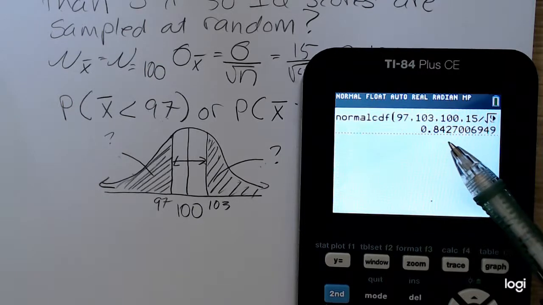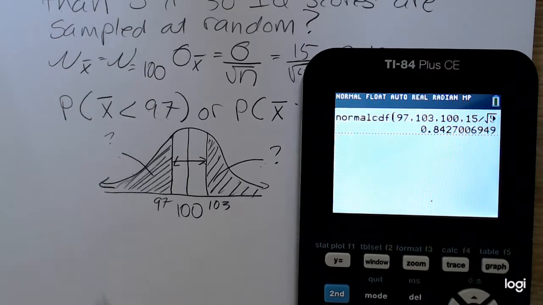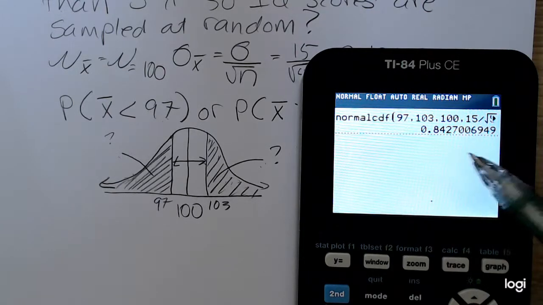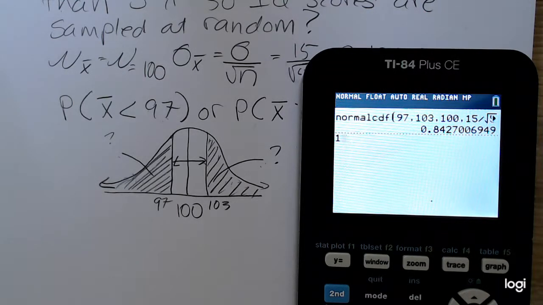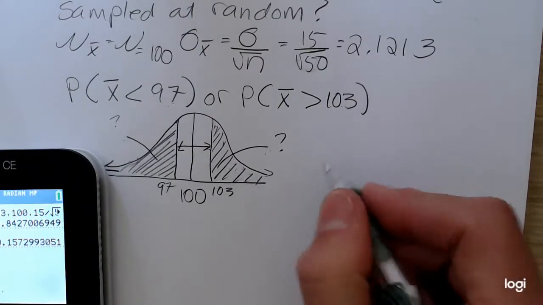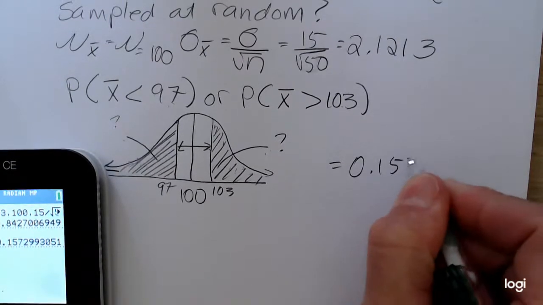But that's not the area I'm looking for. I'm actually looking for these shaded tail areas. So that's going to be the complement to that. So I'm going to subtract that answer from 1. Rounding to 3 decimal places, this is going to be 0.157.